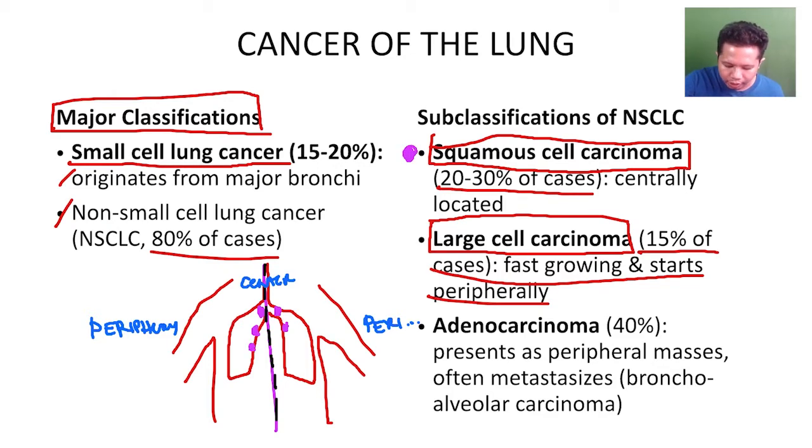Your large cell carcinoma, that represents the green. Okay, they start peripherally, so malalayo. Usually they start here. And they grow fast. Sila yung kumakalat. And then we have here lastly the yellow, which represents your adenocarcinoma, which is 40%, present as peripheral masses.